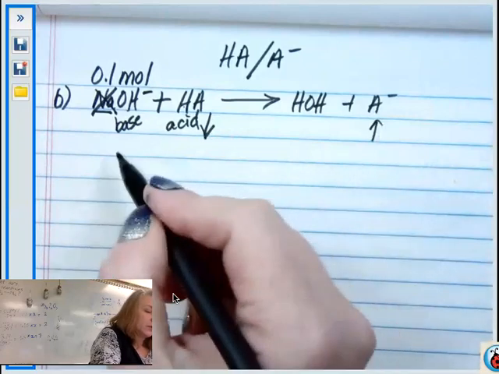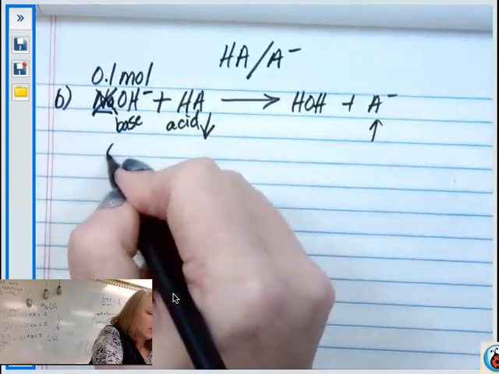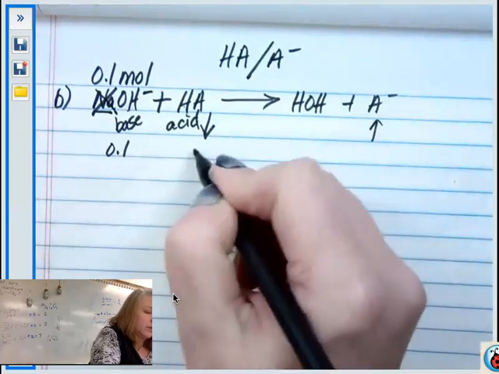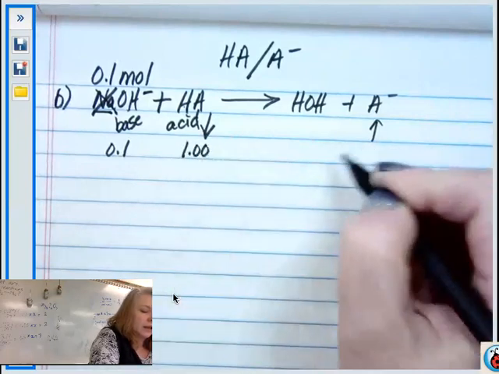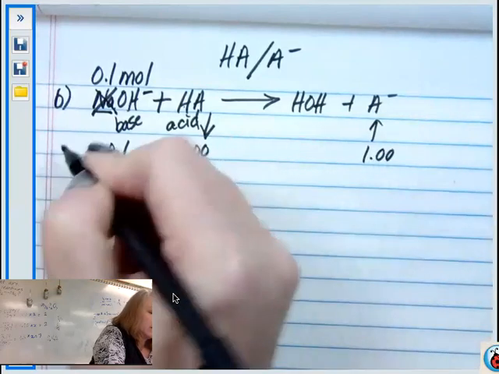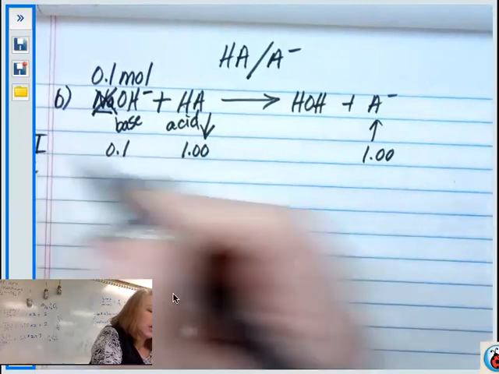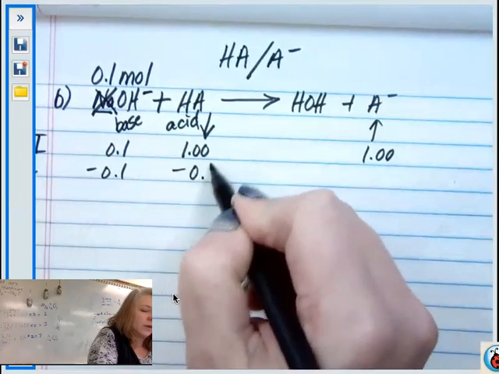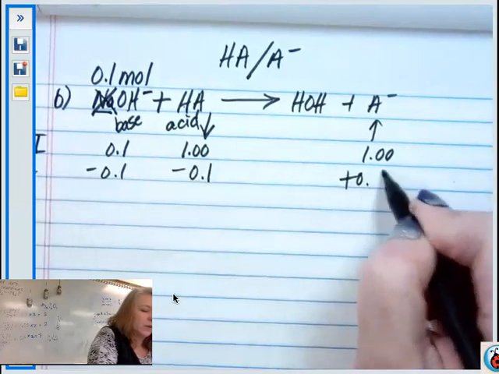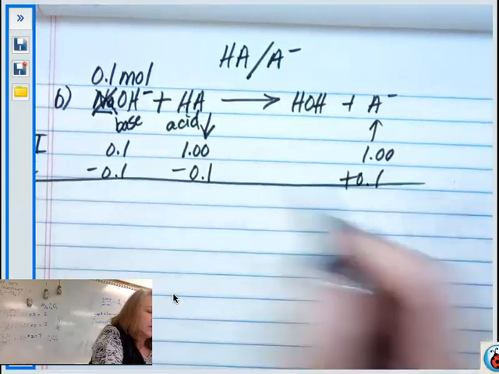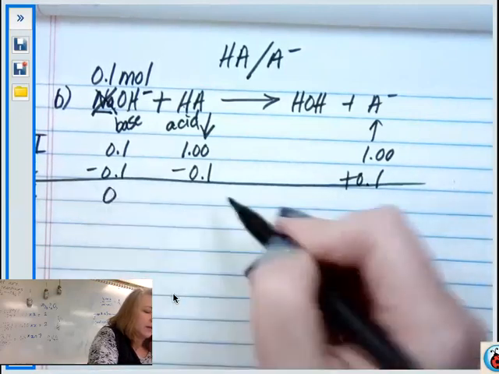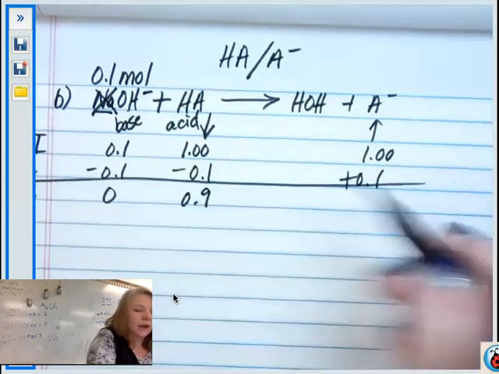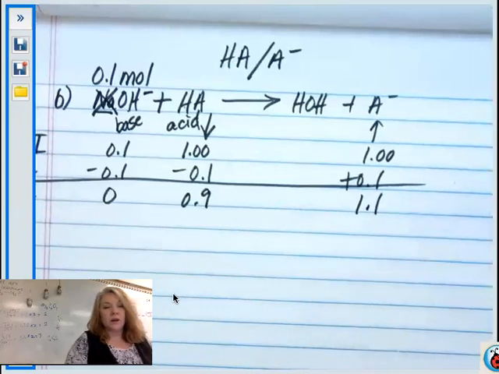So when we put our numbers in here, we have 0.1 moles to begin with. Originally, we had 1 mole of this, and we had 1 mole of this. That's our initial concentration. So when we changed it, this went down by 0.1, down by 0.1, and this went up by 0.1. So the end of our reaction, we have none of that. We have 0.9 of our acid, and we have 1.1 of our base.